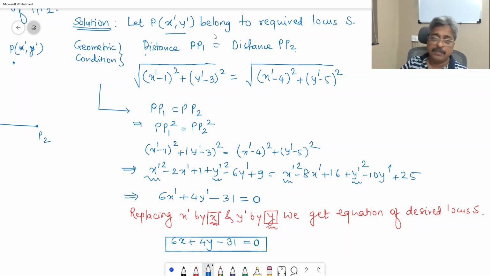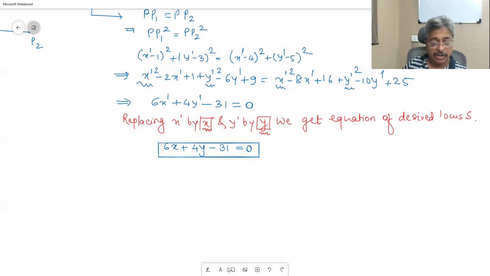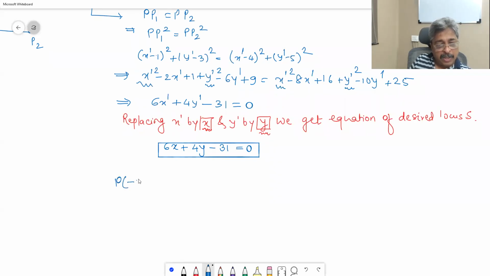Every locus problem should have a solution like this. Let me check now if you can get it very quickly or not. Find the equation of perpendicular bisector of P1, P2, where P1 is (minus 3, 2) and P2 is (7, 5).